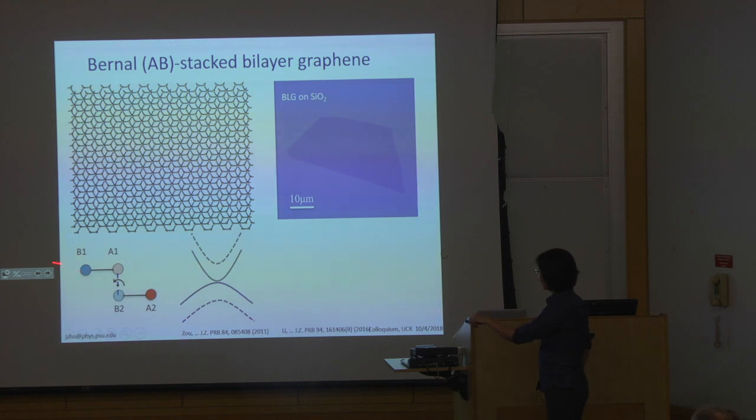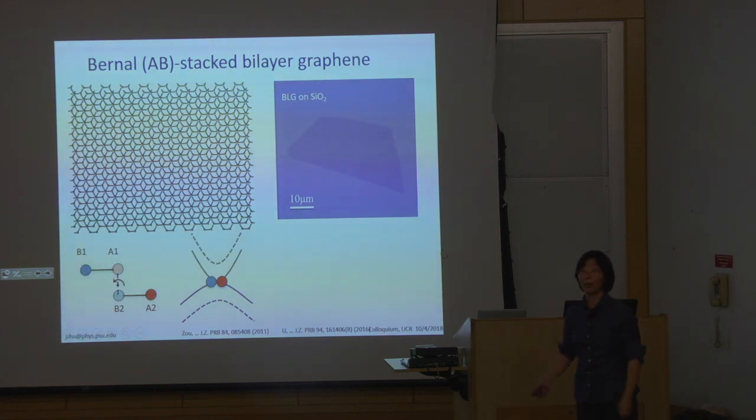But B1 and A2, these two guys, are the ones that are responsible for the low energy bands. So this, the conduction and the valence band. And notice that there is also an inversion symmetry between them, just like the AB sublattice of graphene. So because of that, bilayer graphene has zero band gap also.